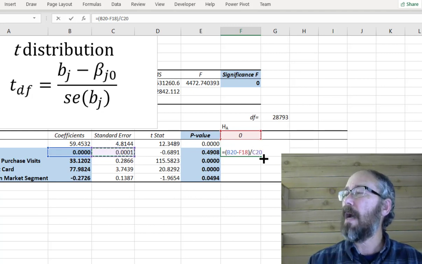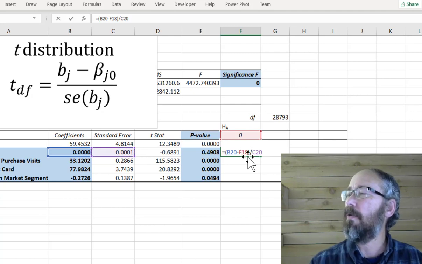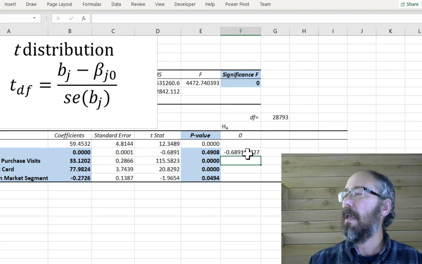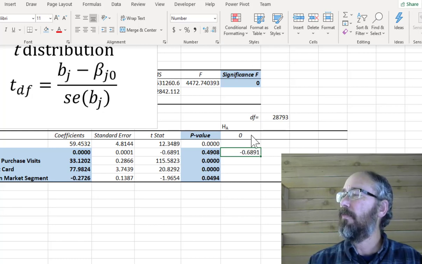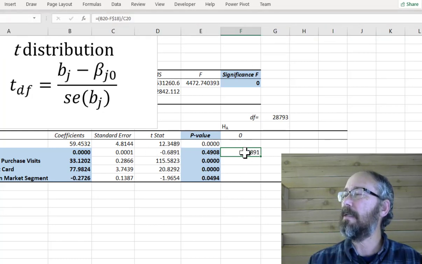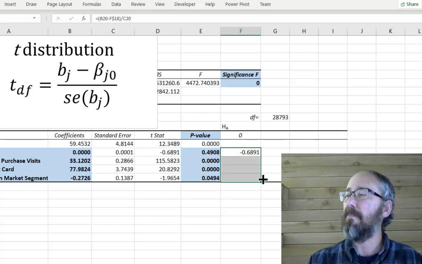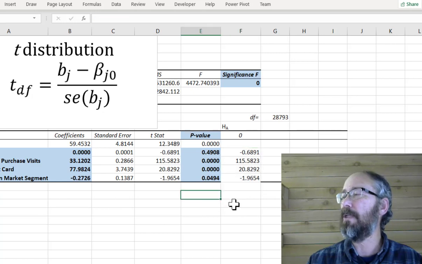Now I will be copying this formula down, so I'm going to modify this so that the hypothesized value stays the same. And then let's just reduce this down to 4 decimal places, and you can see that it matches, and when we copy it down it should indeed match all of those values, and we do.